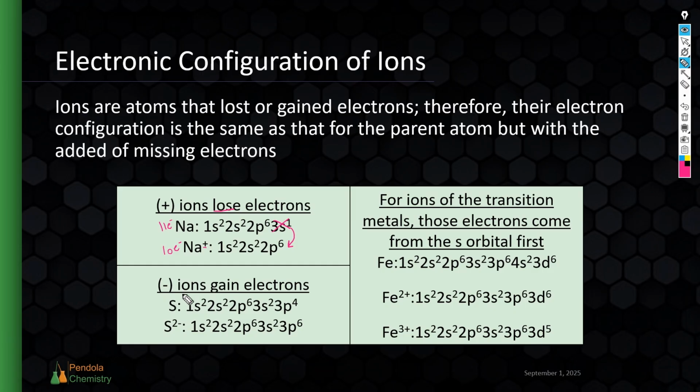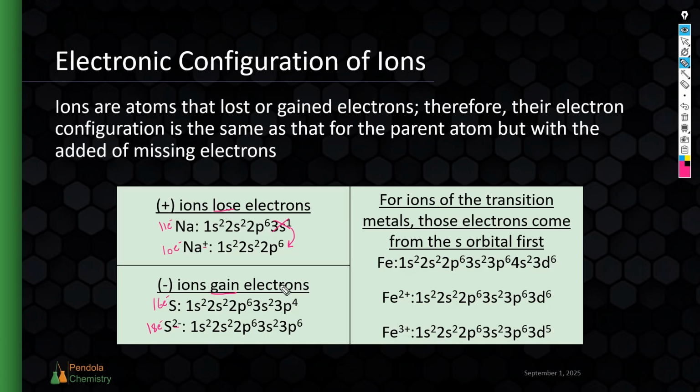With an anion, like with sulfur, sulfur has the electron configuration 1s2, 2s2, 2p6, 3s2, 3p4. So it has 16 electrons. When we have the sulfur 2 minus ion, the anion of sulfur, that 2 minus means that we have gained 2 electrons. So we have 18 electrons in total.